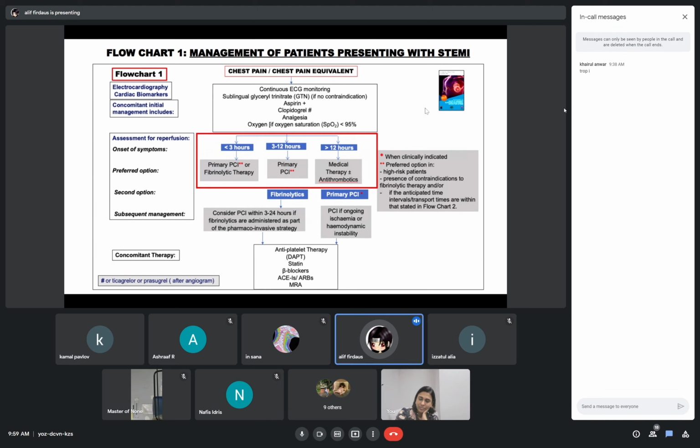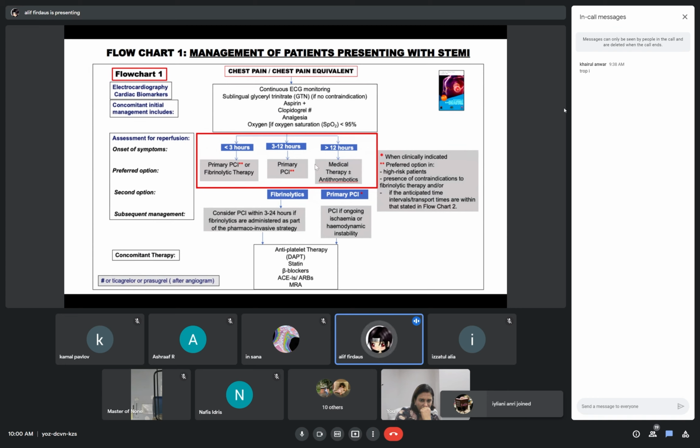From this diagram, this flow will summarize what we will do to the patient. From the onset of chest pain, if it is less than 3 hours, so we might opt for primary PCI lah. The primary PCI is preferred in high risk patients, and there is a contraindications of fibrinolytic therapy.